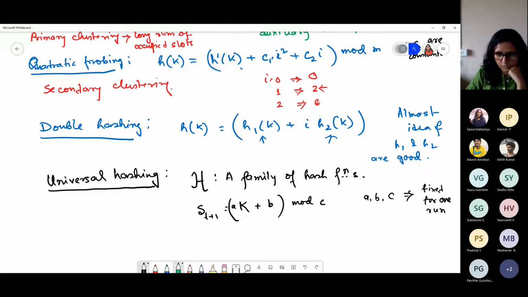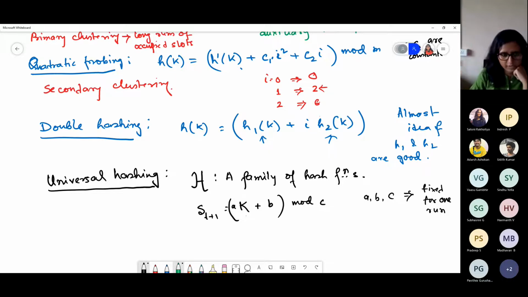So if you keep on changing these values of a, b and c, your structure of the equation is the same, but while you change the values of a, b and c, you will be getting different outputs. So this kind of functions are called a family of the same type, or they belong to the same family.